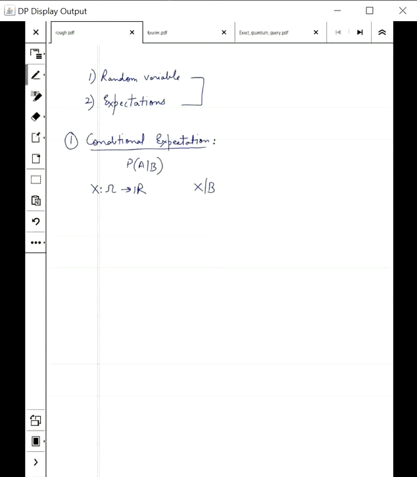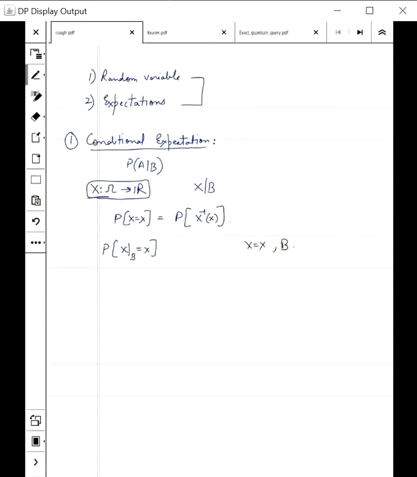When we talked about X, the probability of X equal to x was the probability of all the events which gave the value x. But now we know that event B has happened, right? So if we know that X given B is equal to x, then we know that X equal to x has happened and event B has happened.